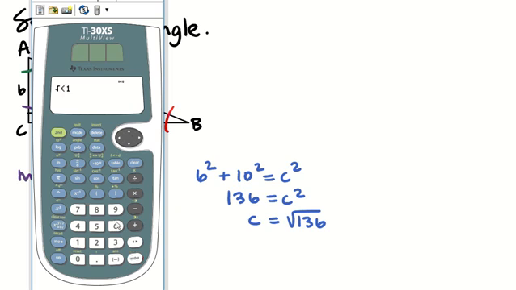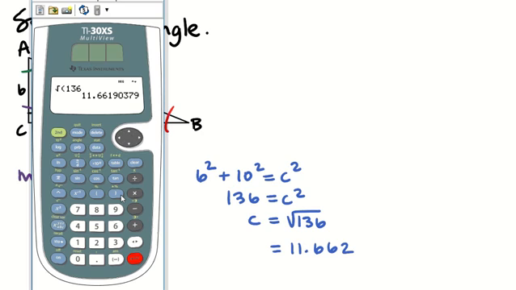Square root of 136 is going to be 11.662. That kind of makes sense, because we know that 11 squared is 121, and 12 squared is 144, so somewhere in there, 11.662.